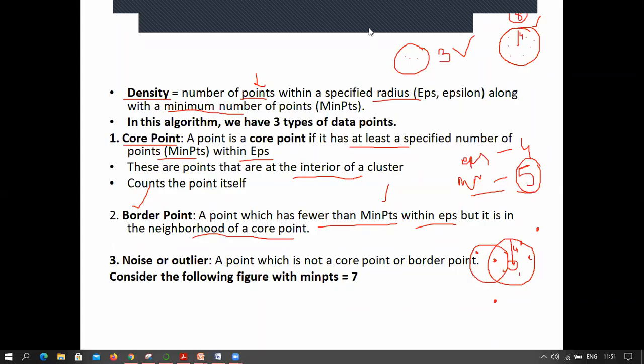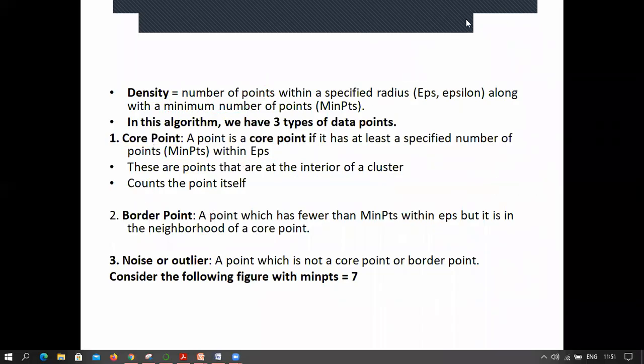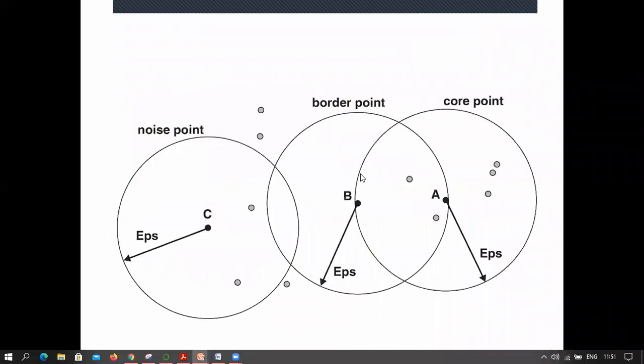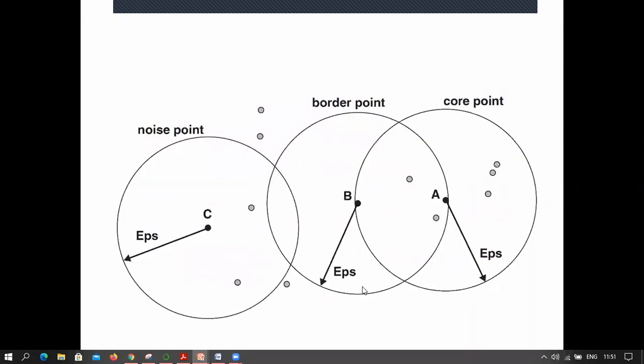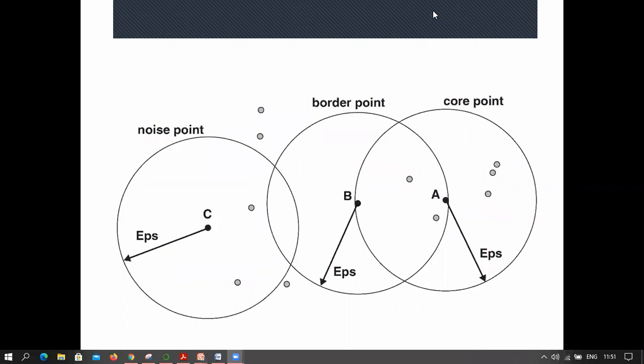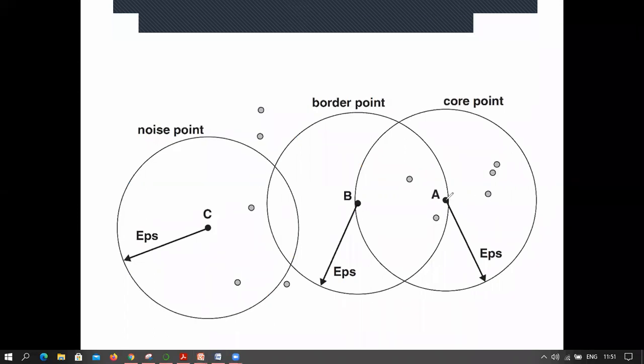Suppose I'm considering in my example that the minimum number of points should be 7 for a point to be a core point. Now take this data point A. I'll draw a circle with radius epsilon. Suppose the value of epsilon is given to be 5.